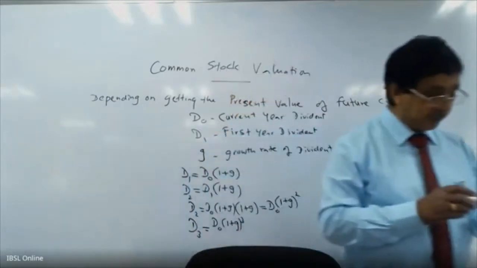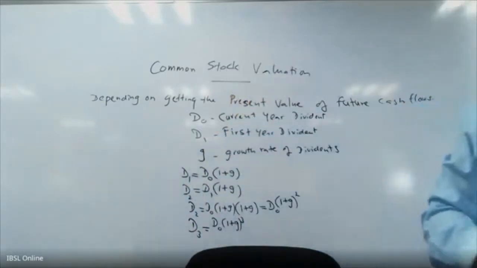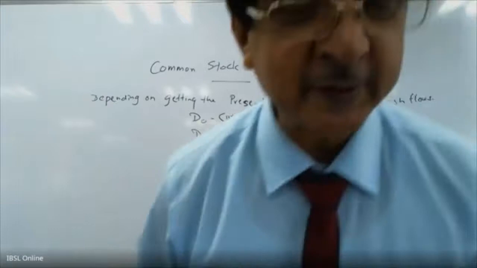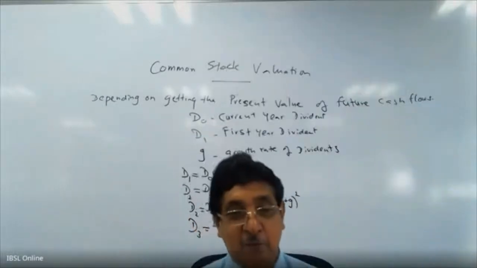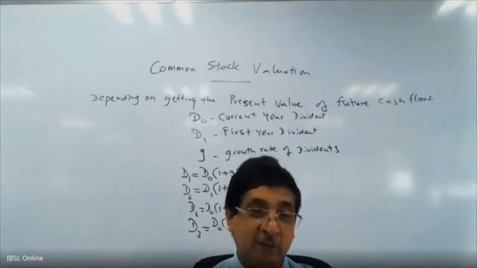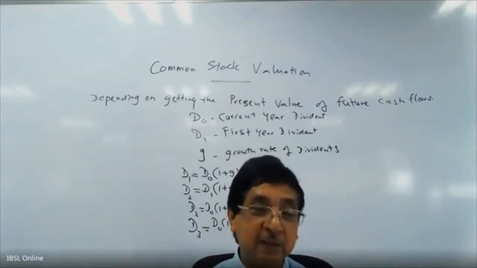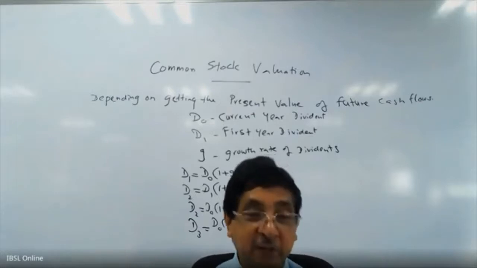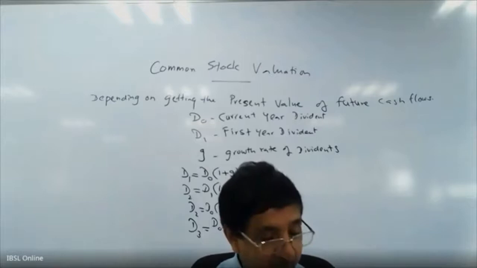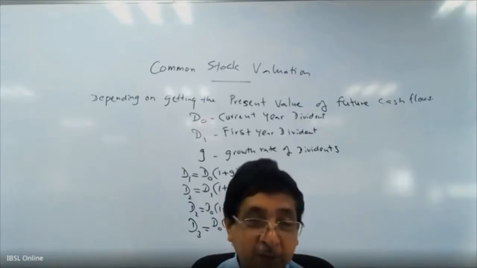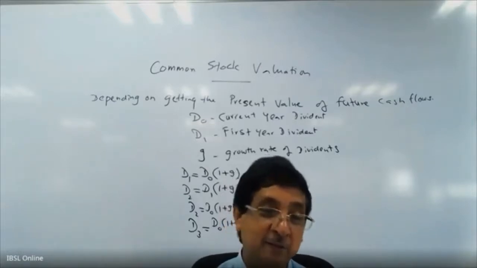Now you are not going to have any more unknowns. You have only D0 and the growth rate. With that, you can calculate any year's dividend. If you want to calculate the 10th year dividend, you take D0 into 1 plus G to the power 10. That is how it is calculated.